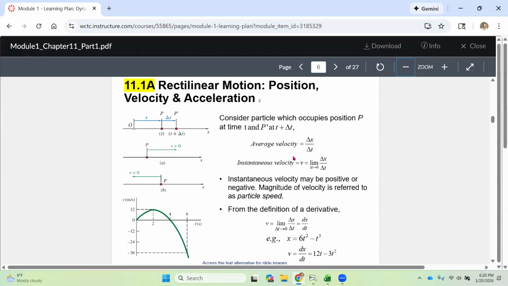So for instance, if we travel in a car for an hour and from the start to the finish we covered 60 miles in 1 hour, we would say that the average speed or velocity was 60 miles an hour.